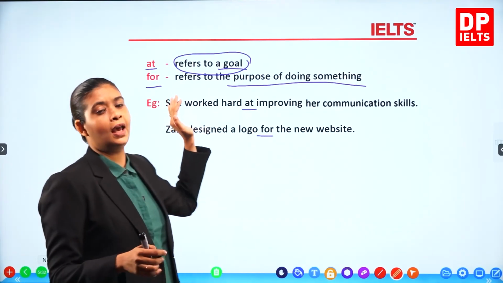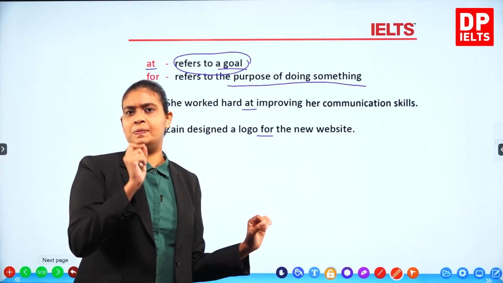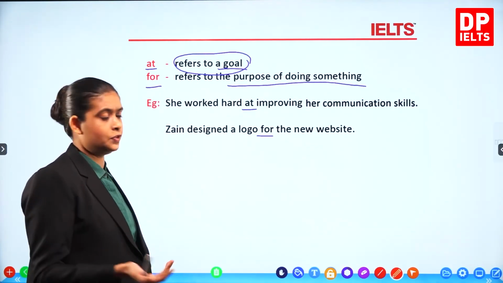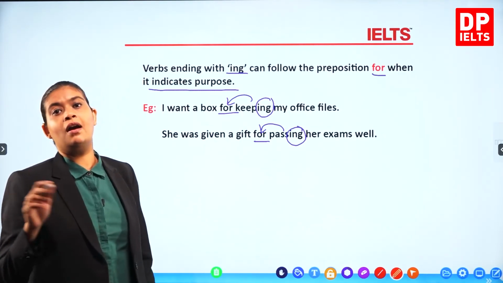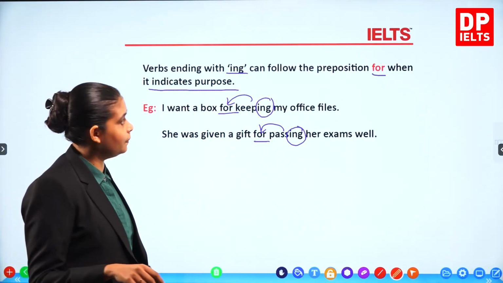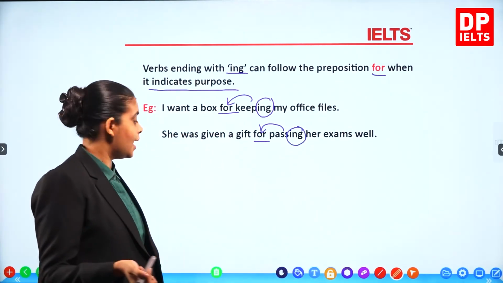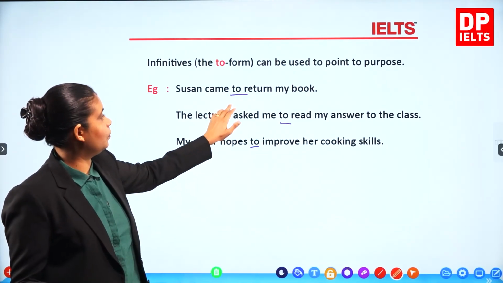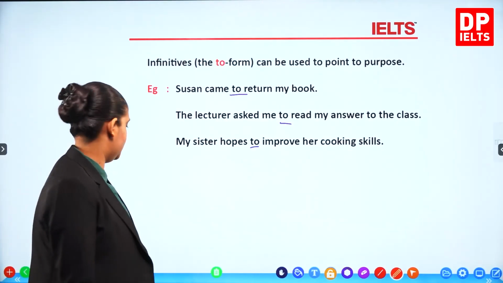Then we had a look at the preposition at, where it refers to a specific goal. For refers to the purpose of doing something. And then the verbs ending with ing, we said it should be followed with the preposition for. And if it is an infinitive, it should come with the to. Okay, and that points to the purpose of it.